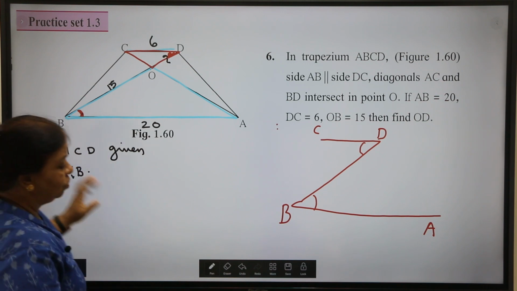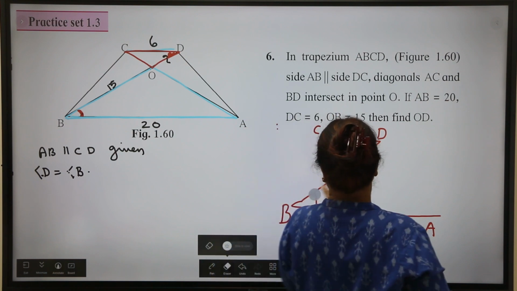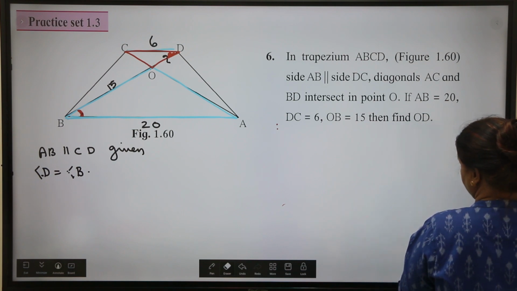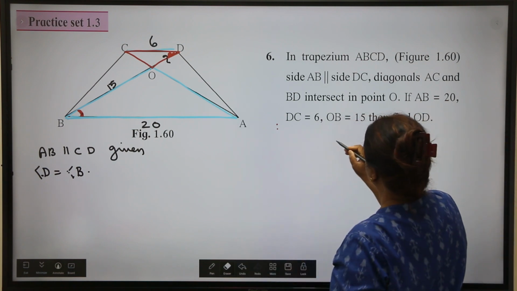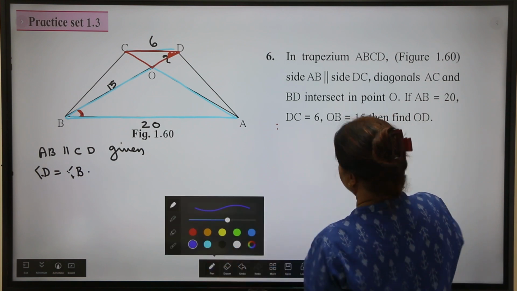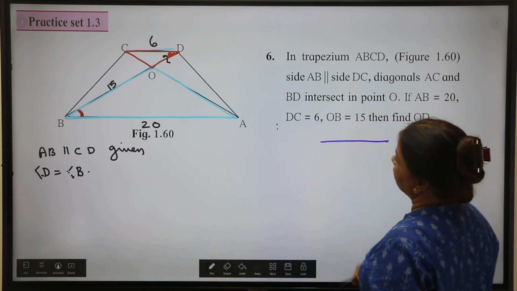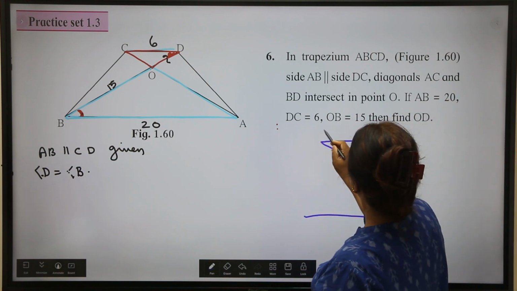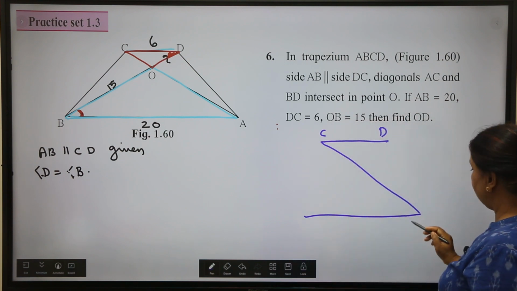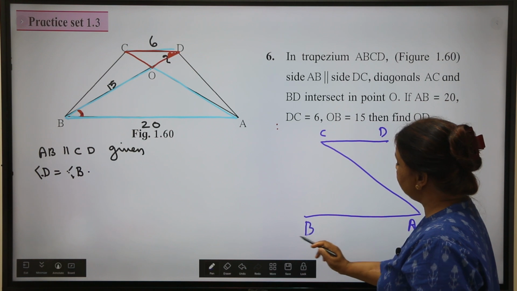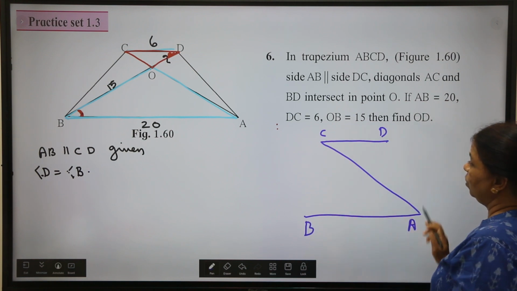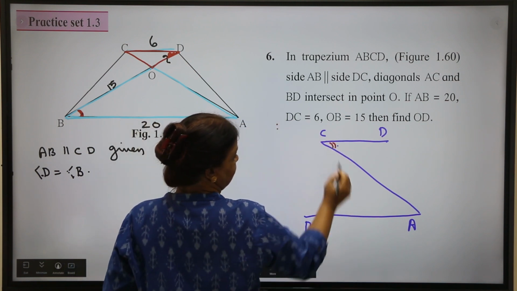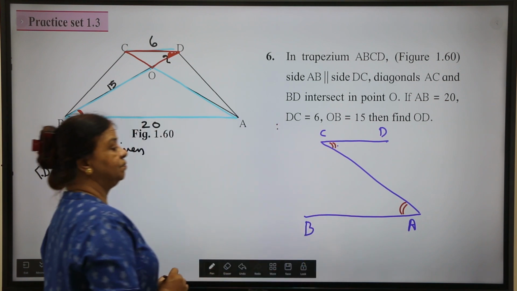And one more Z you will get here, again C, D and A, B, but this time the transversal is CA. So this angle will be equal to this angle, alternate angle.